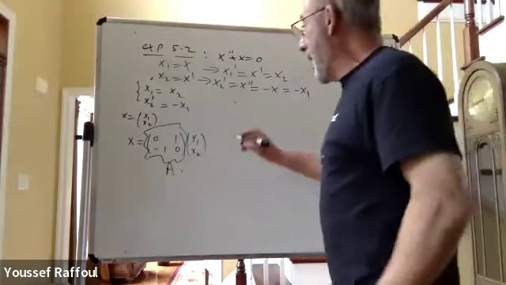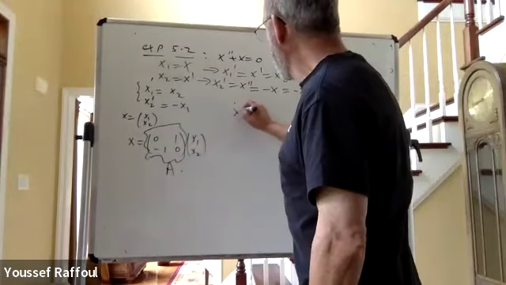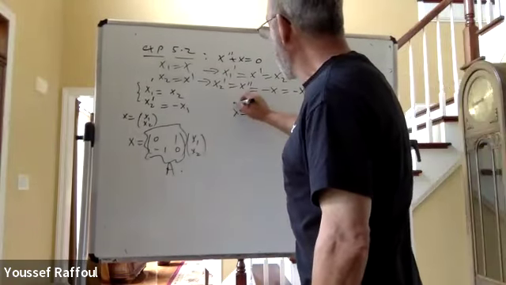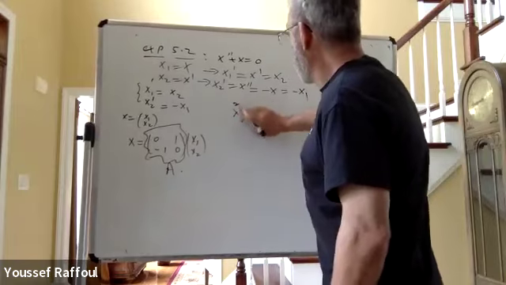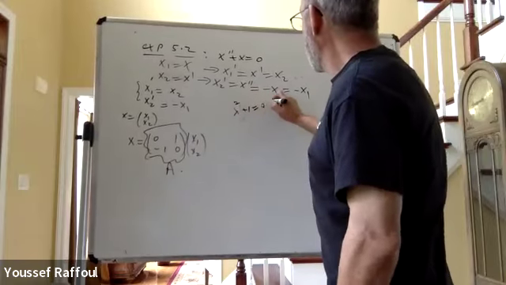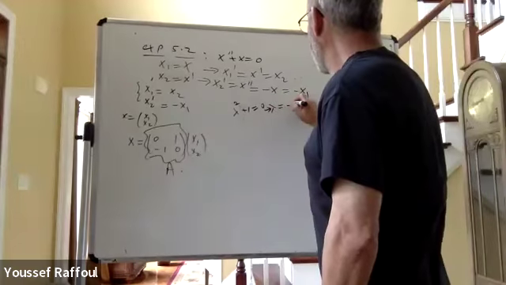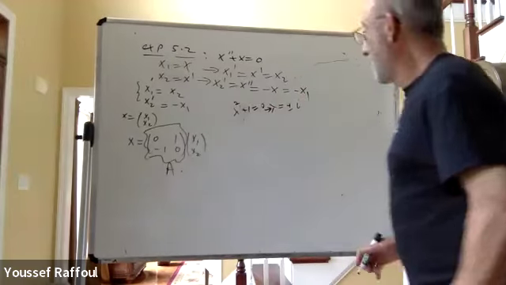And we shall see that for the eigenvalues lambda, we have lambda squared plus 1 equals 0, so lambda equals plus or minus i.